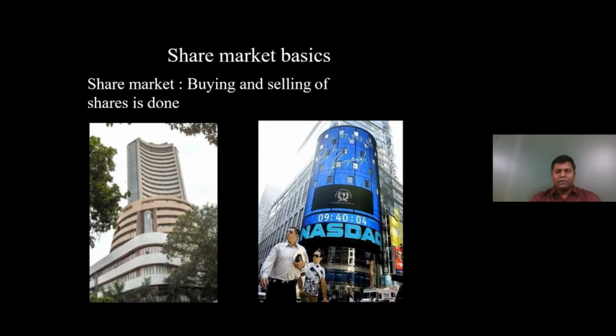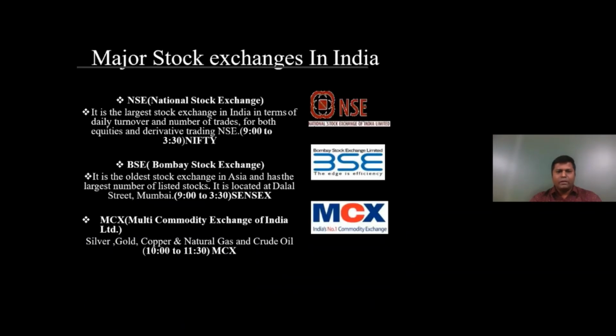They brought in a system where all these physical certificates are converted into electronic format. That's why we call it a demat account. I'll talk about the demat account in the last few minutes. So from 2000 onwards NSE went online, and in 2001 BSE also entered the derivative markets.